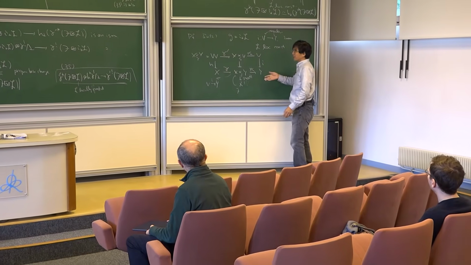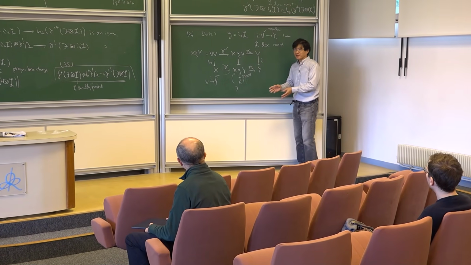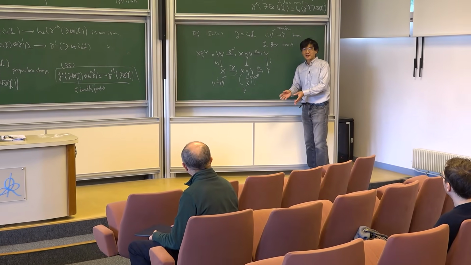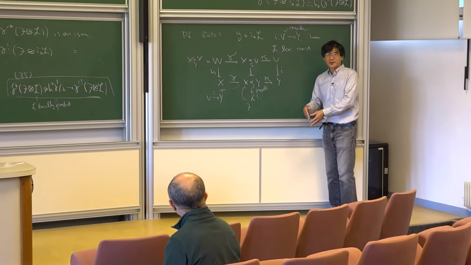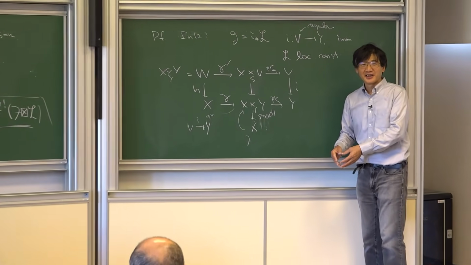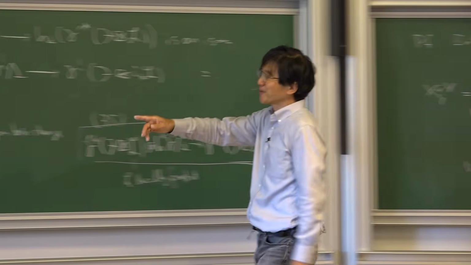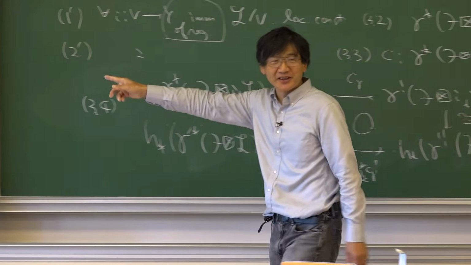By divisions, I want to take some arbitrary subscheme and take its open, and then I want it to be regular. Why? Because I need to work with this acyclic.